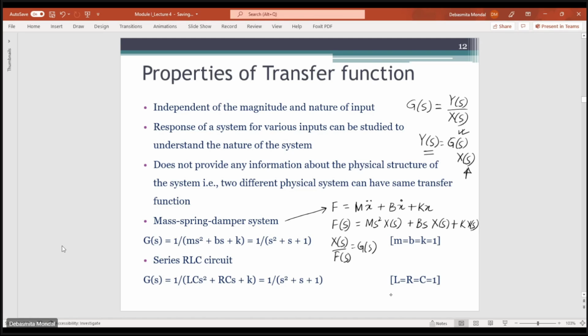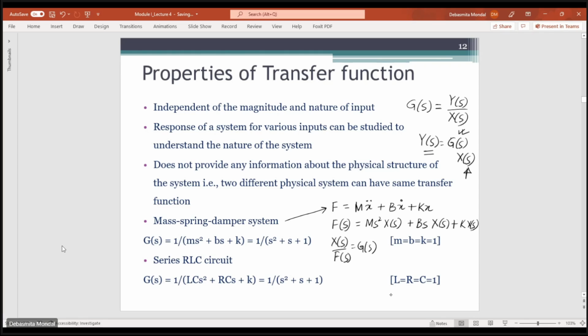Now if the values of m, b and k are all 1, then the transfer function of the system becomes 1 by (s² plus s plus 1). So this is a mechanical system with that transfer function. Now similarly, consider a series RLC circuit.